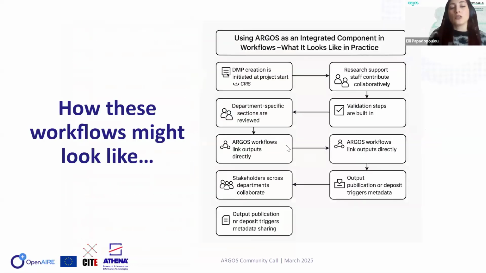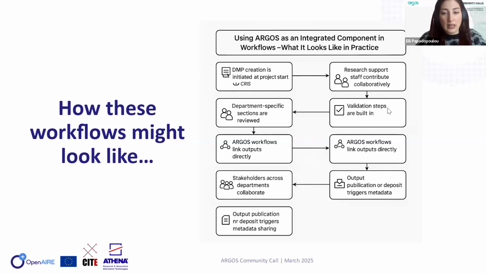Okay. So how these workflows might look like. Disclaimer, this is ChatGPT that did it, but it's an example and hopefully it's understandable. We see here that the DMP is initiated at a project start, for example, that the research support staff get notification and contribute to collaborate on writing it or reviewing it.